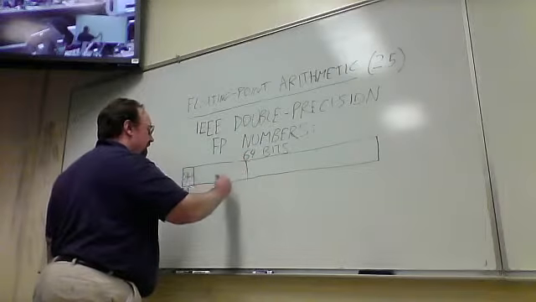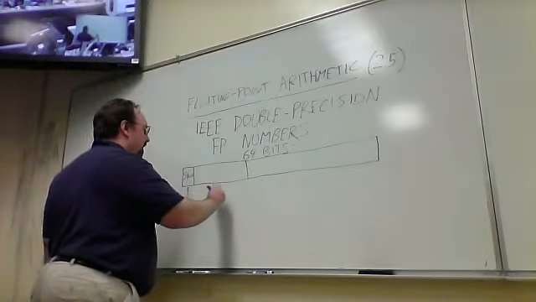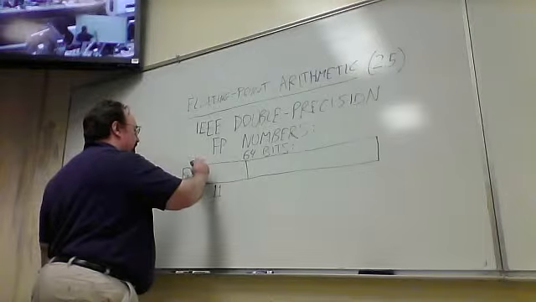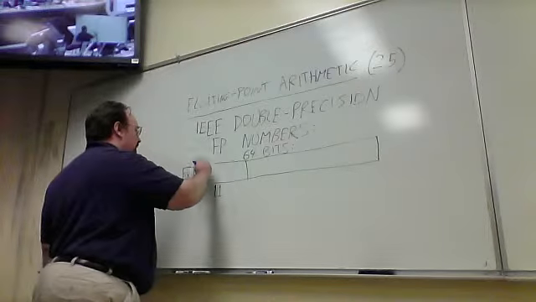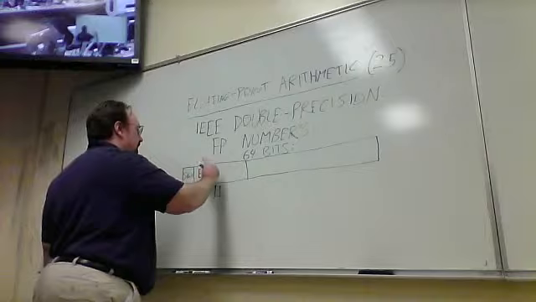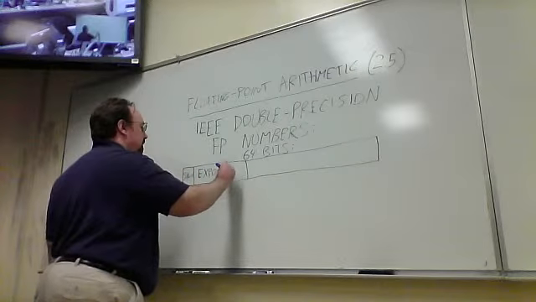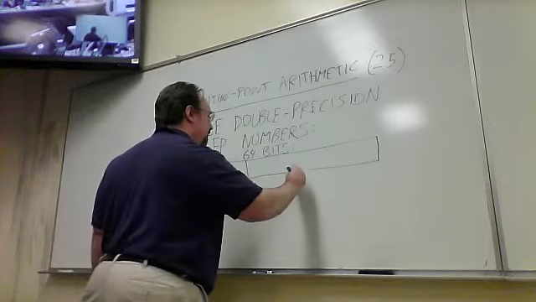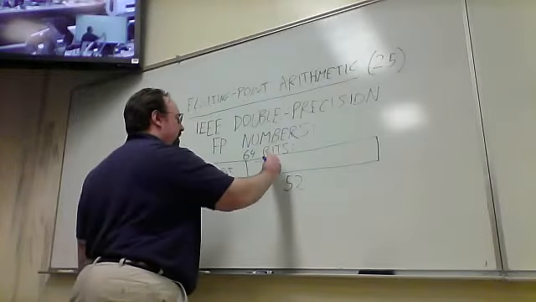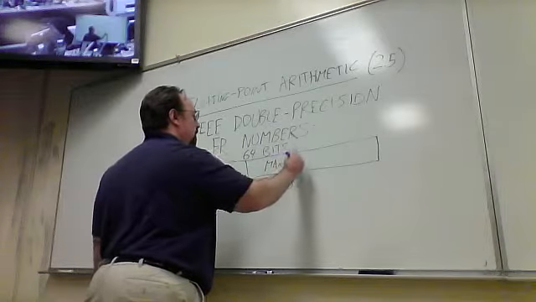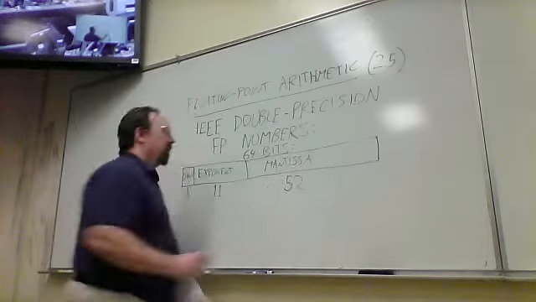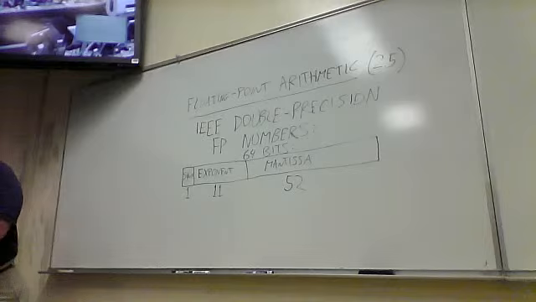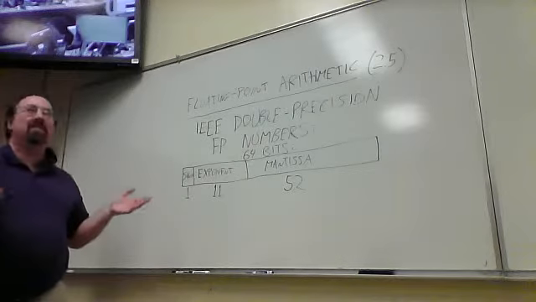We have 11 bits for the exponent. Okay. And then we have the remaining 52 bits stored in what's called the mantissa.